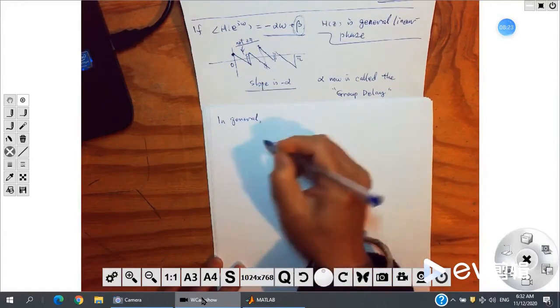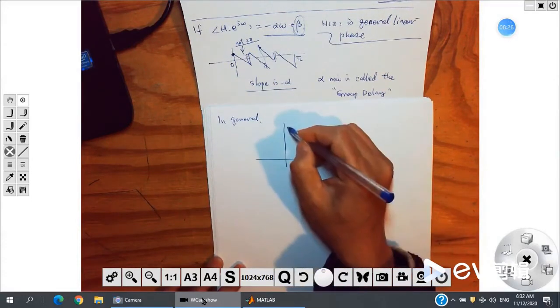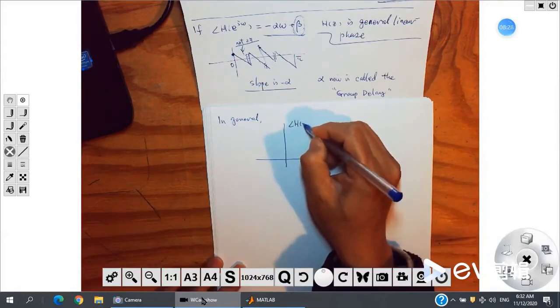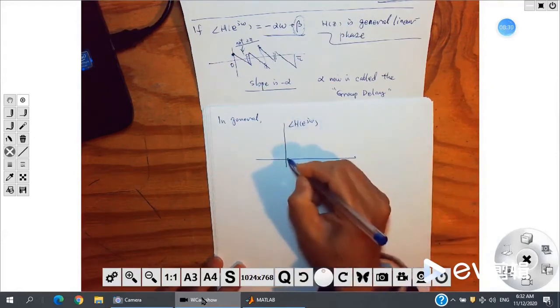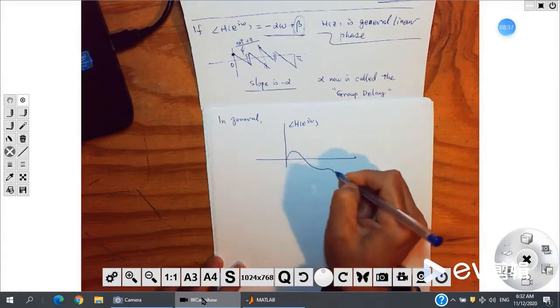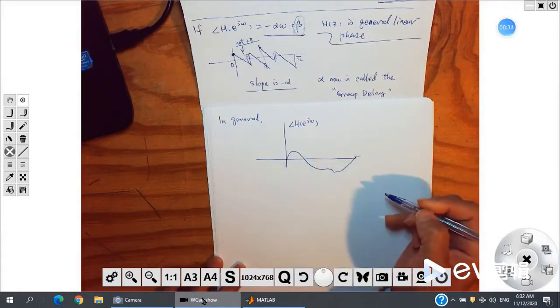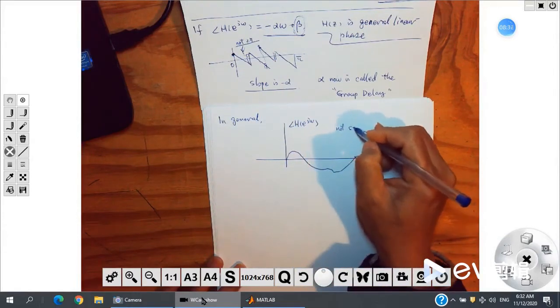Now it is not a straight line. The angle will have some curves, not a straight line.